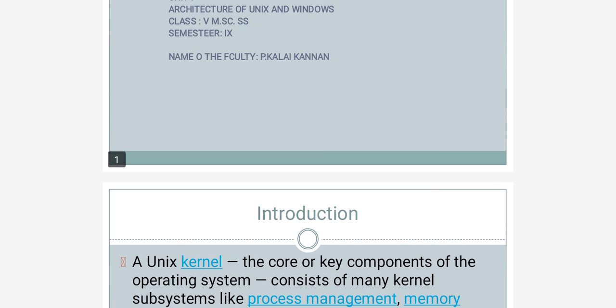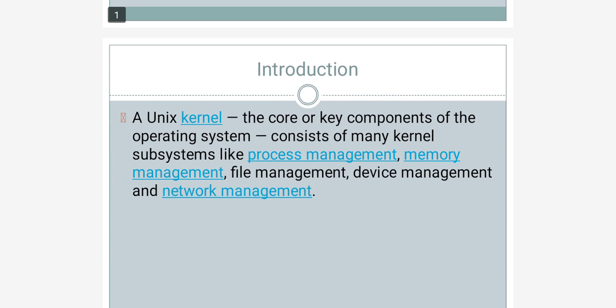I am going to cover various things in this presentation. First, I am going to discuss the various key components that we have in the Unix kernel systems, and then I am going to concentrate on the various subsystems that the Unix kernel structure has.